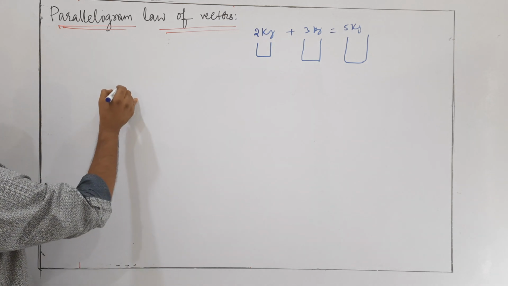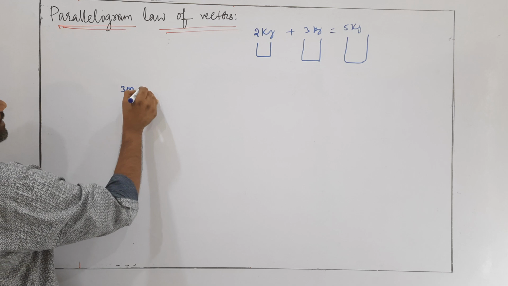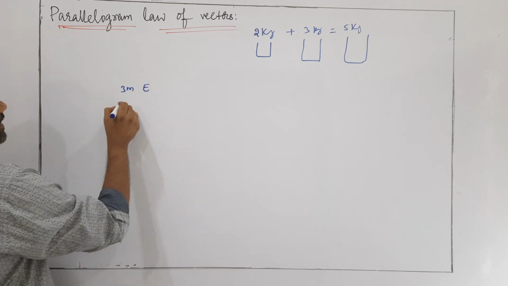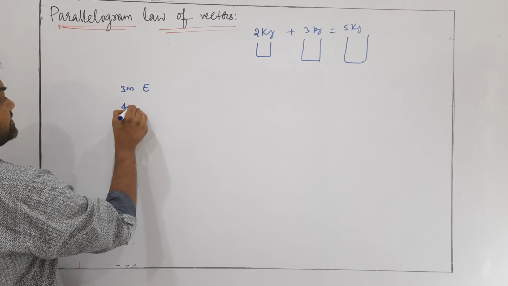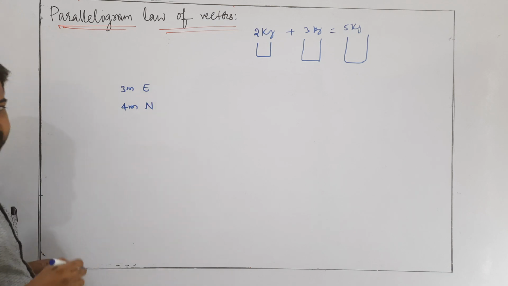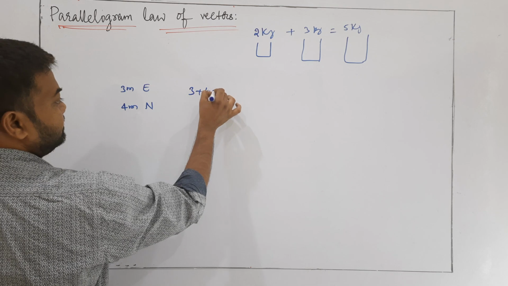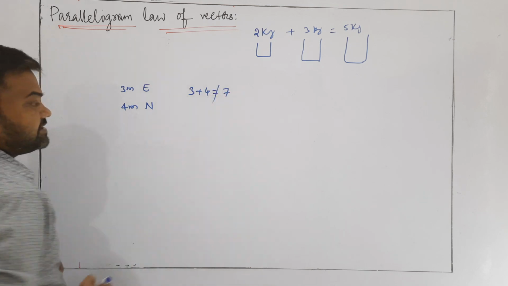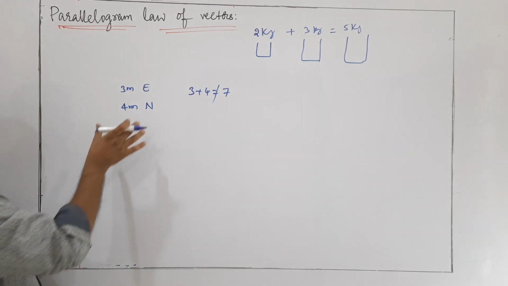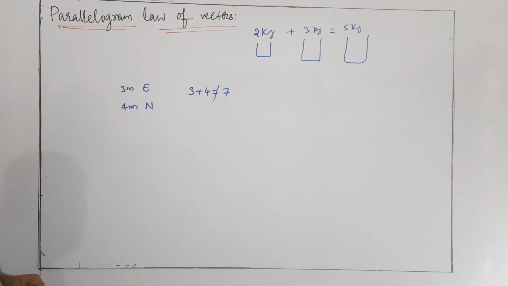Suppose 3 meters distance is in the east direction and 4 meters distance is in the north direction. Then this 3 plus 4, the resultant is not equal to 7. This is vector addition.